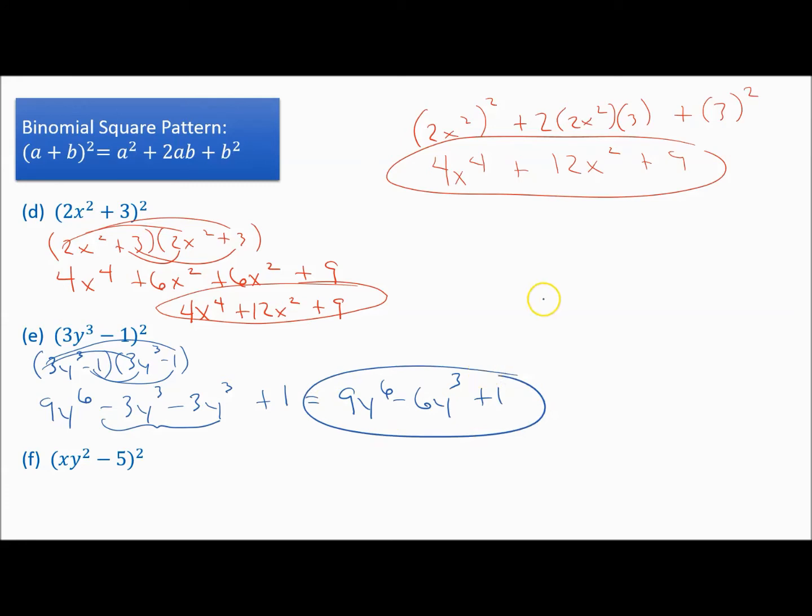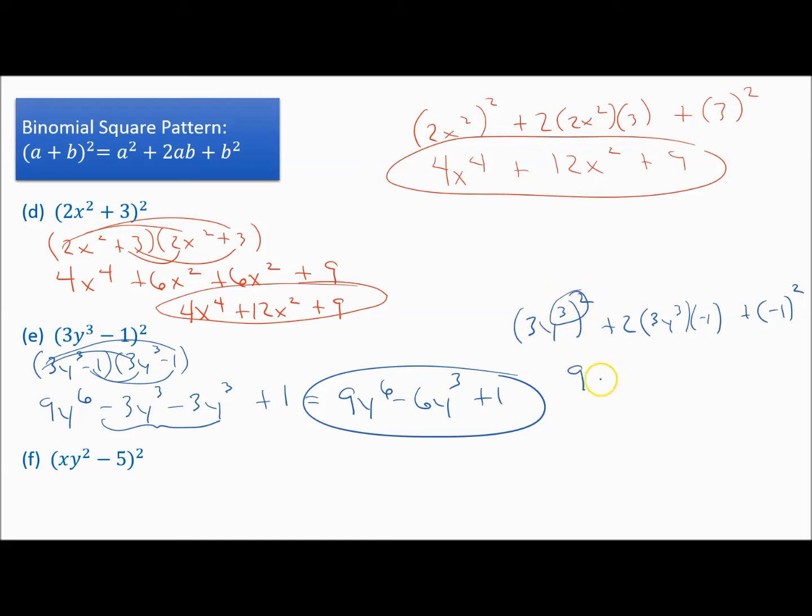If I use my pattern, I square the first one. So 3y to the 3rd squared. I add 2 times the first one times the second one. So 2 times 3y to the 3rd times negative 1 plus the last one, which is negative 1 squared. When I square 3, that's 9.